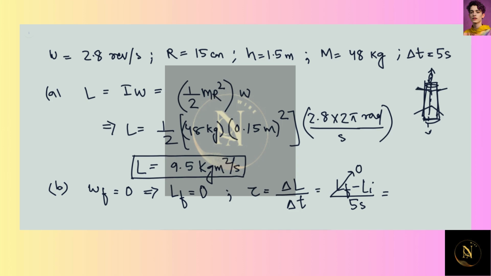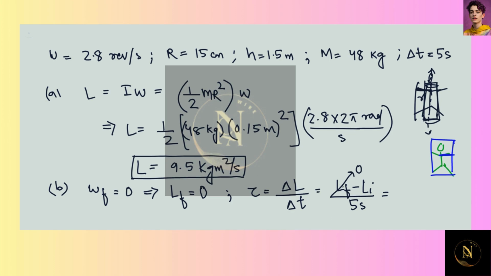So this is the R, and let me just draw the diagram again. Let's say this is the person, and the cylinder we are assuming is like this. So our R was this, and this stays constant. So Li is the one that we derived here.